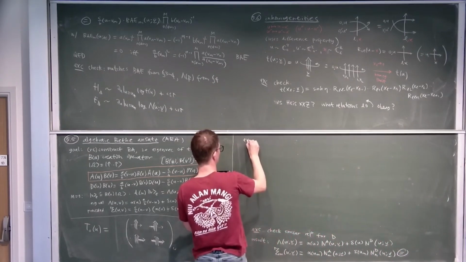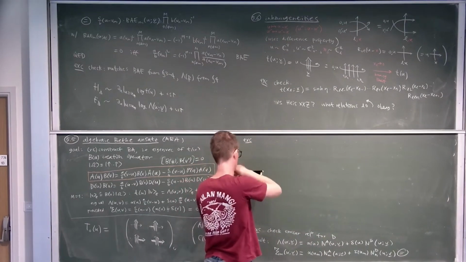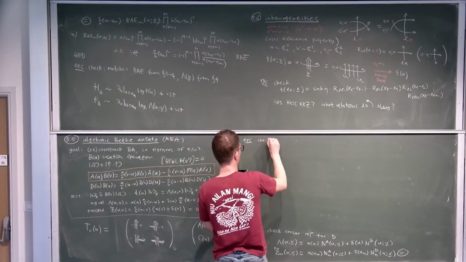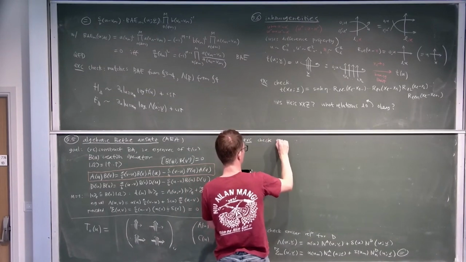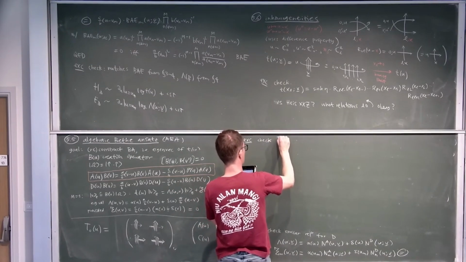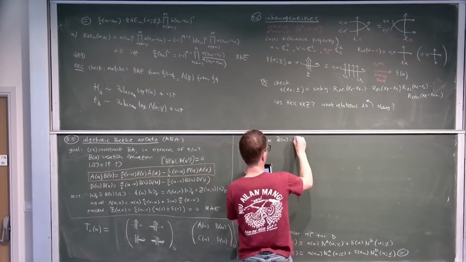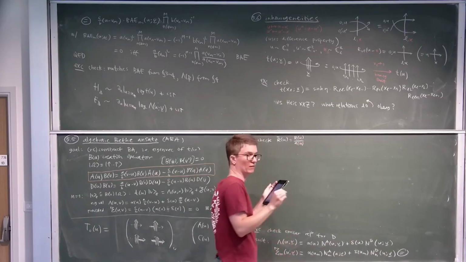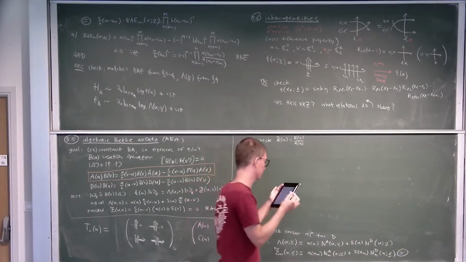Another exercise is check that the R matrix, this is what I called R bar before, so R of u divided by A of u. So I choose my normalization so that the A coefficient, the 1,1 entry, is 1.